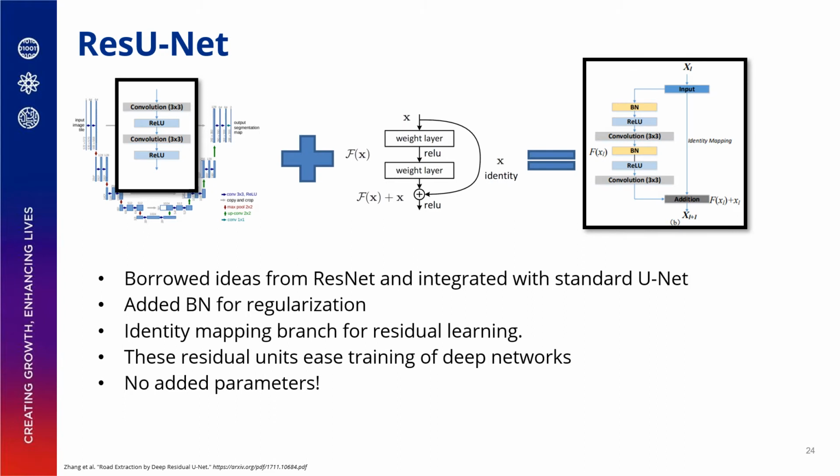So what the research community did is they tried to combine the idea of ResNets with U-Nets. If you zoom into what this convolution block looks like over here, essentially you had the input being fed into a 3 by 3 convolution followed by ReLU activation, and then again similarly a 3 by 3 convolution followed by ReLU activation.